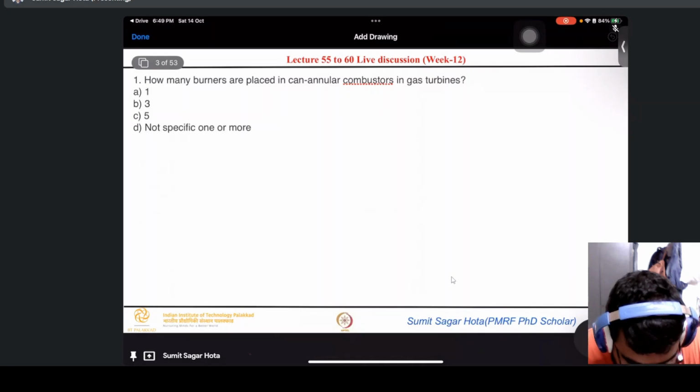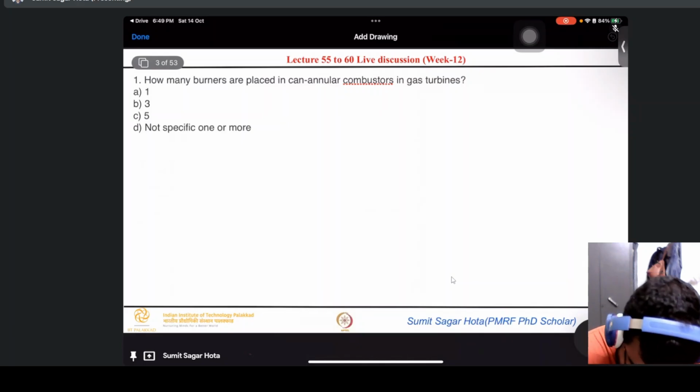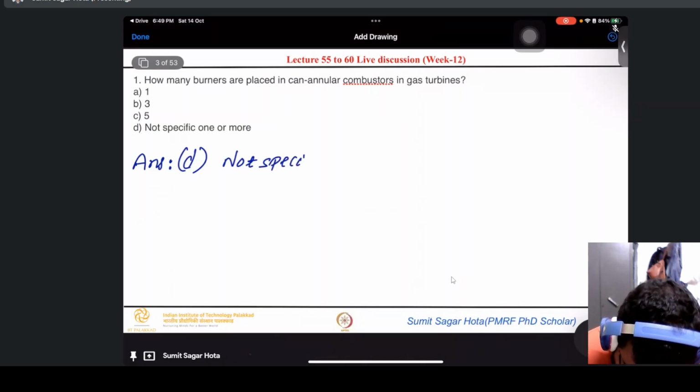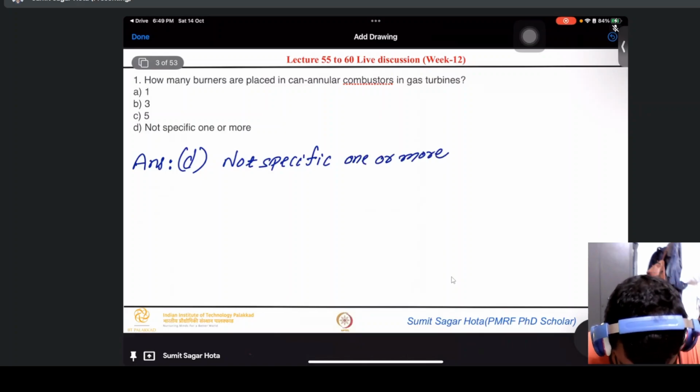So how many burners are placed in a can annular combustor in a gas turbine? The answer is D, not specific. One or more.